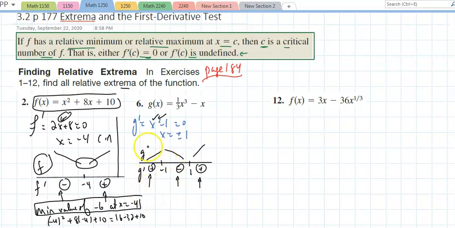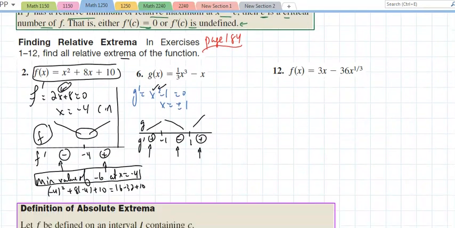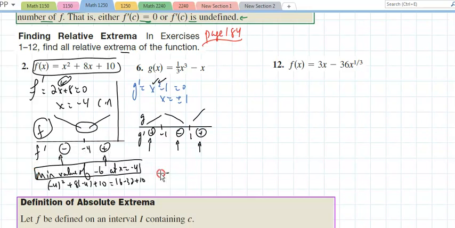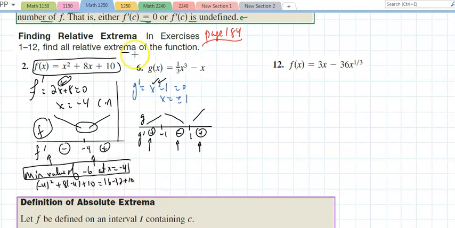So for this problem, we have a maximum at x equals negative 1 and a minimum at x equals 1.